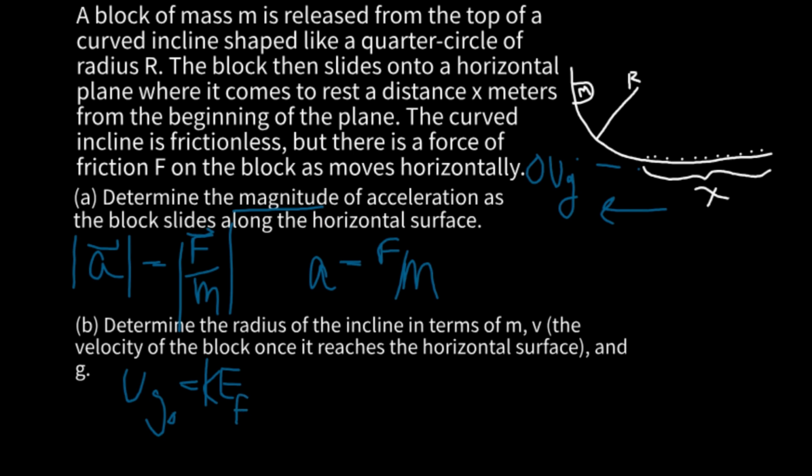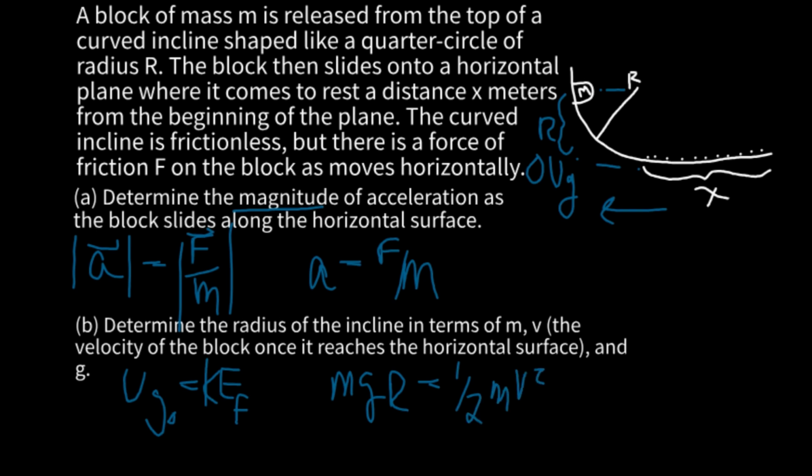Alright, our gravitational potential energy is going to be mg, this height here is r, that's the radius. You can determine that from our starting point, and that will equal 1/2 mv squared.